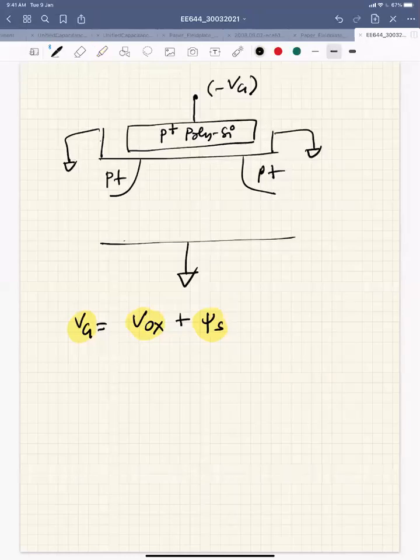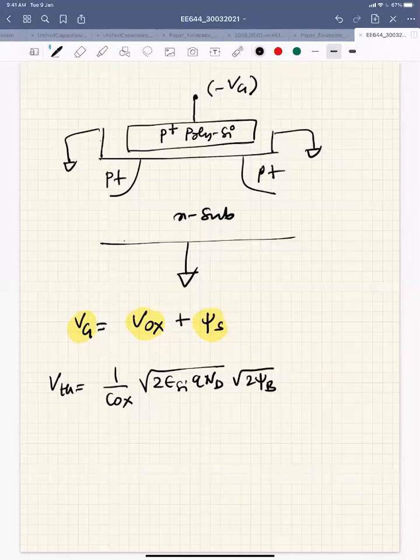And threshold voltage will still be root over 2 epsilon Si q ND times 2 psi b, divided by Cox, plus 2 psi b, because this is an N-type substrate, right?